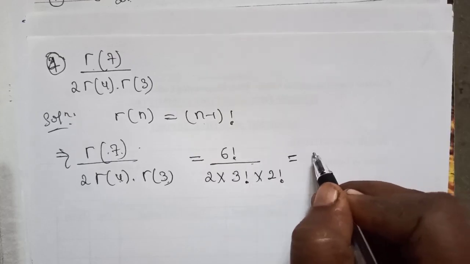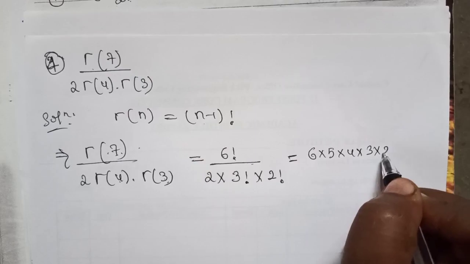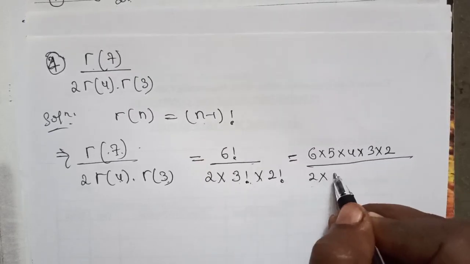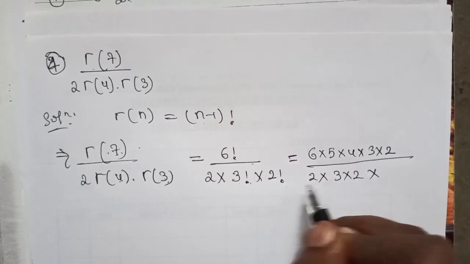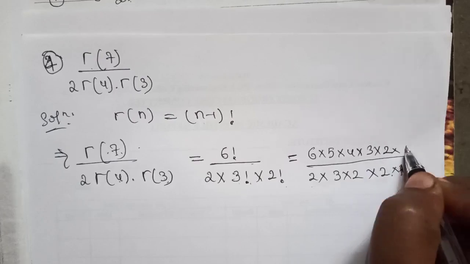Or it can be written as 6 into 5 into 4 into 3 into 2 divided by 2 into 3 factorial, 3 into 2 factorial is 2 into 1. You can write 1 also.